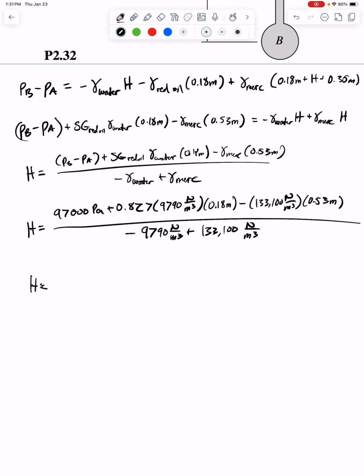Putting into my calculator, I'm going to get the following. I get 0.226 meters, which means that the height of the water column next to the location A is 22.6 centimeters.